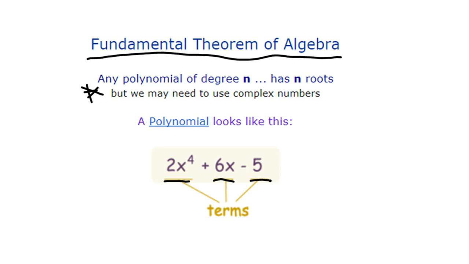If we look at the leading degree of this polynomial, it would be a fourth degree. All the fundamental theorem of algebra tells us is that there will be 4 roots, which means there's going to be 4 different times when at some point that polynomial crosses the x-axis, when our function is equal to 0.